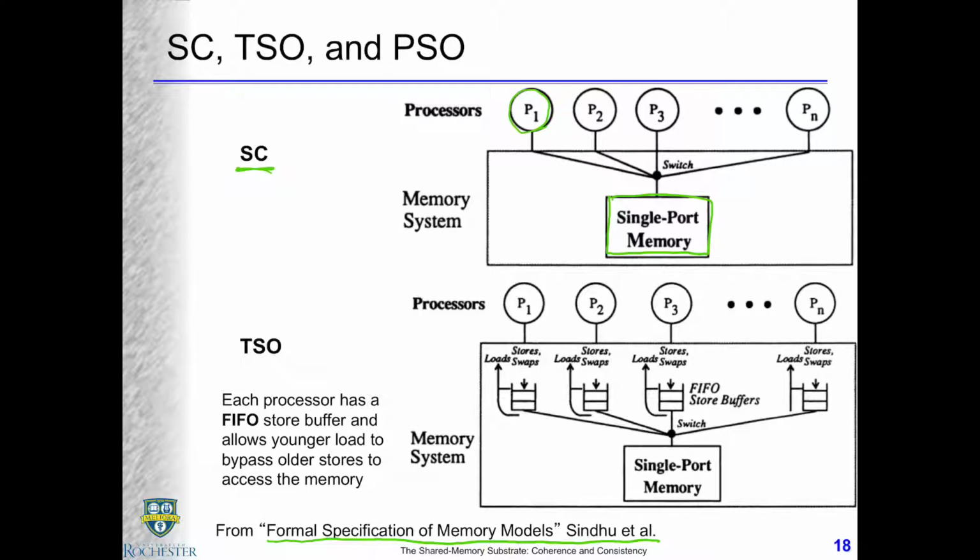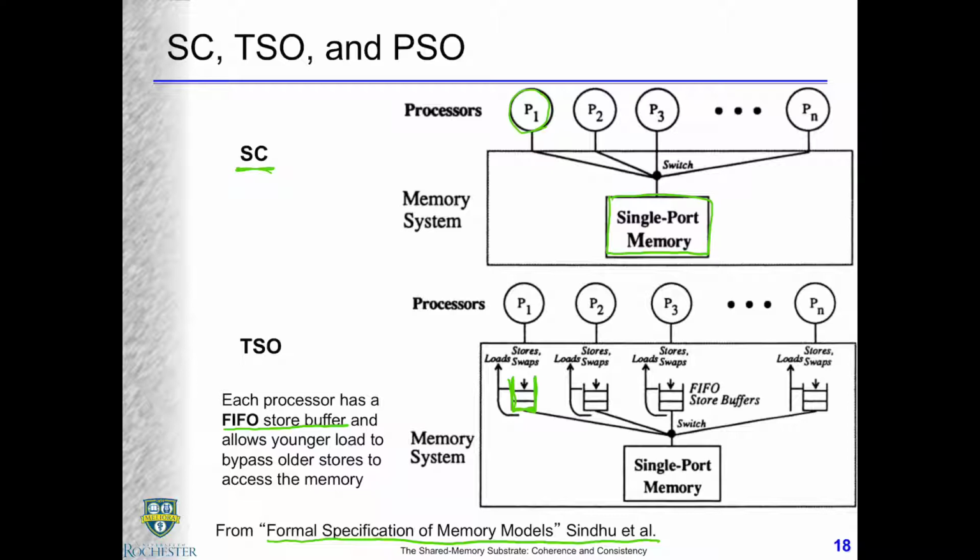You can understand it as if every processor has a little bit of a store buffer over here, and this happens very often in actual implementation. Anytime you have a store, we put it into this buffer in program order. Okay, so it's a FIFO store buffer, first in, first out. Meaning an older store will enter the buffer earlier and it will be carried out earlier than a younger, later store.